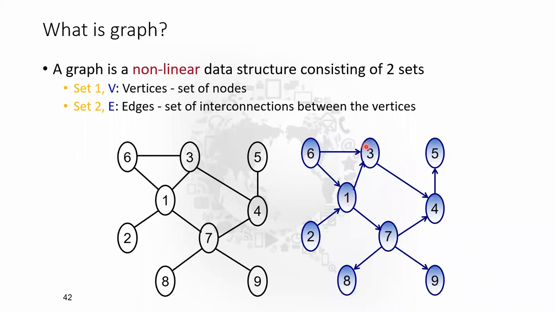But can we go from 3 to 6? No, because it follows the arrow. It can only go from 6 to 3. When we look at the graph on the left side, it is without any arrows, which means you can go from 6 to 3 or 3 to 6. The same goes for this whole graph.